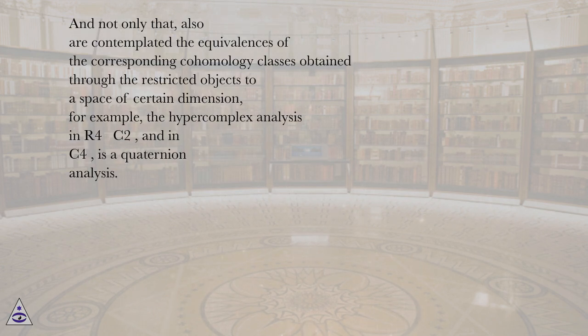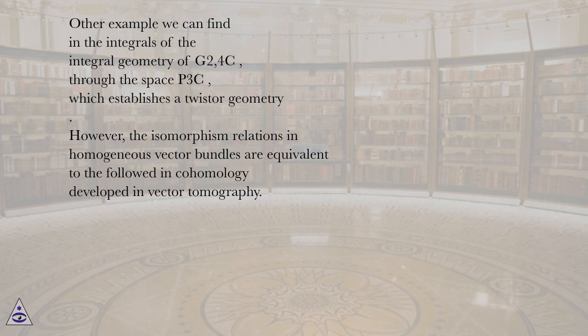For example, the hypercomplex analysis in R4, C2, and in C4 is a quaternion analysis. Another example we can find in the integrals of the integral geometry of G(2,4)(C), through the space P(C), which establishes a twistor geometry. However, the isomorphism relations in homogeneous vector bundles are equivalent to those followed in cohomology developed in vector tomography.